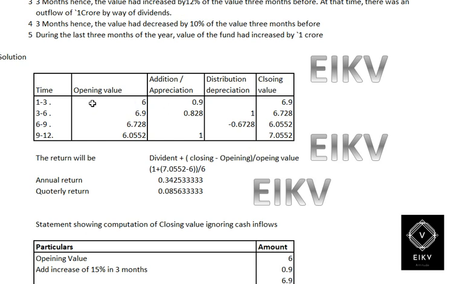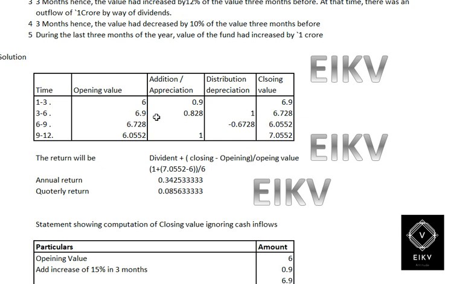closing. So from 1 to 3 months, it would be 6 crore, and the appreciation would be 15 percentage. 6 crore into 15 percentage will give you 0.9 crore. Therefore, the total will be 6.9, and 6.9 would be the opening of the third month.